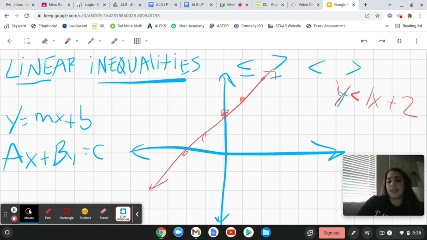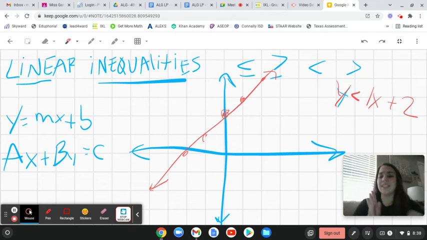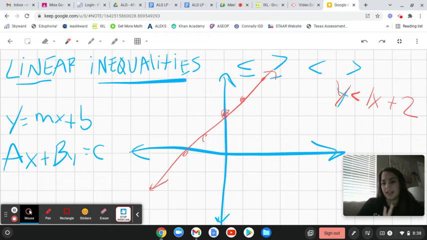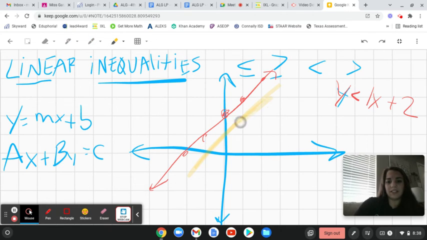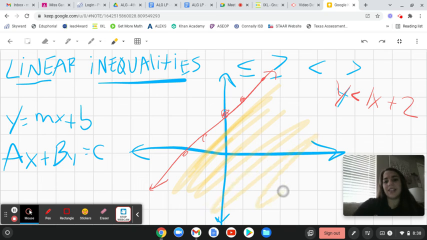So if we have an inequality saying y is less than 1x plus 2, we don't have equals, which means our answer technically isn't the line, it's less than the line. So our answer is actually all of this stuff down here, below the line, right?